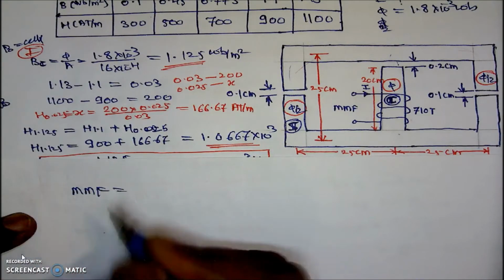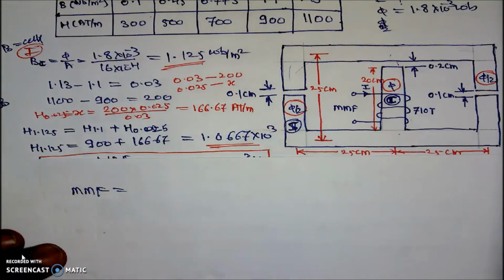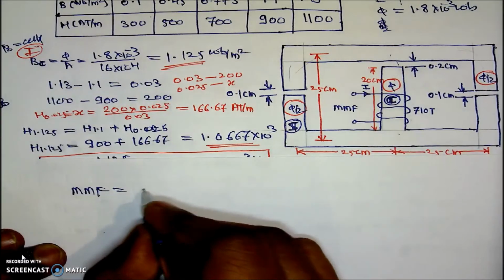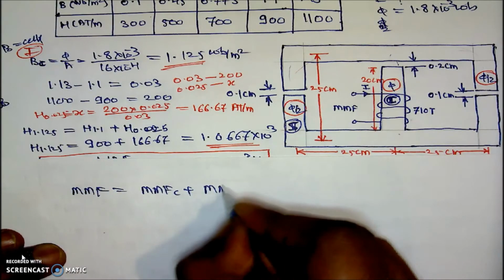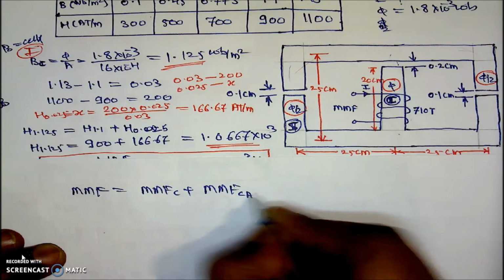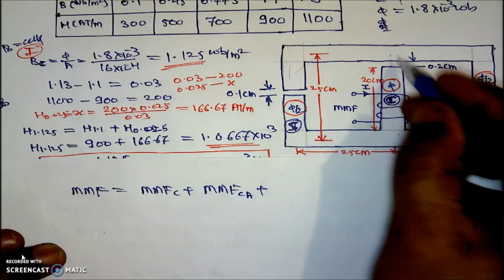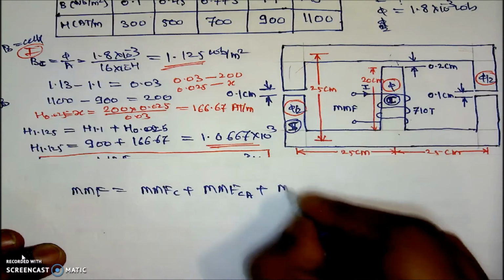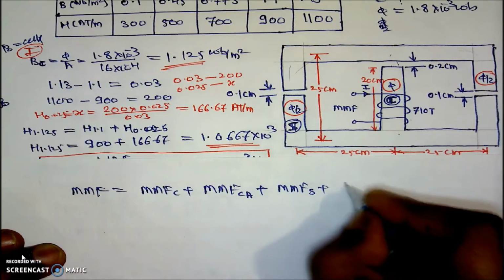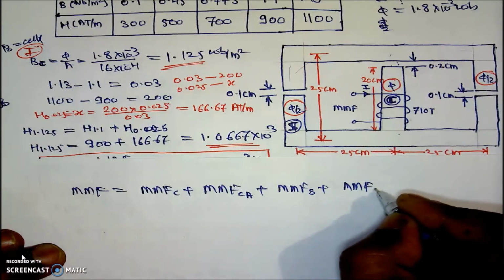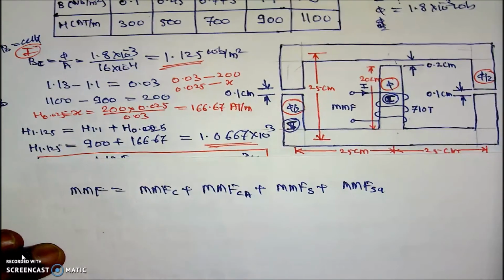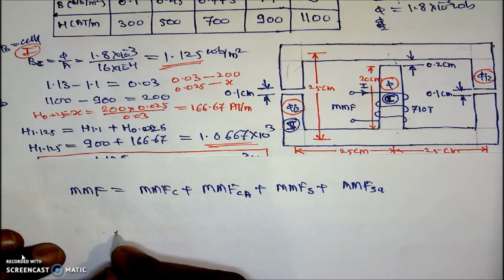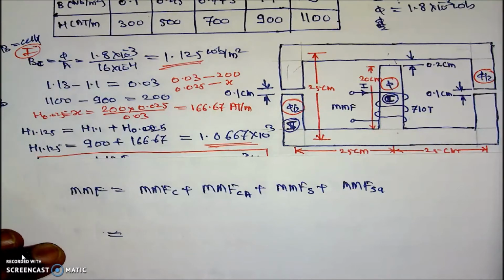The total MMF is equal to the MMF of the central limb plus the MMF of the central air gap plus the MMF of the side limb plus the MMF of the side air gap. This is the value of the total MMF, and we can find it out in this particular way.